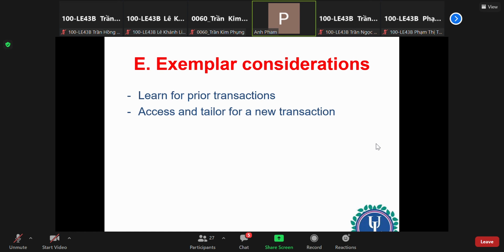Do you have any similar contracts? Usually the answer is yes. And if they have a similar contract, then you can draft based on that contract, based on that sample.